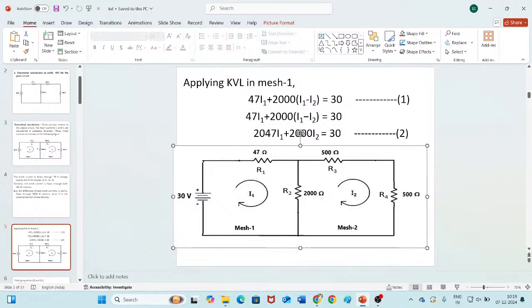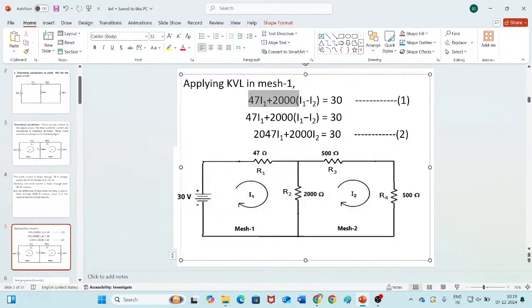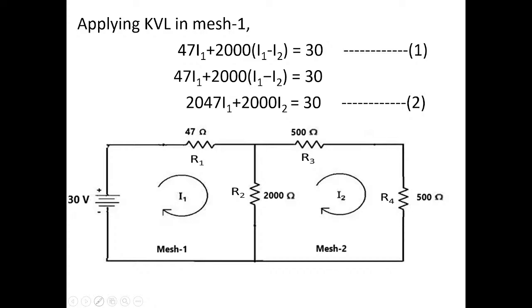Next, what is another element in mesh 1? Another voltage drop will occur across 2000 ohms. So 2000 into, what did I say? I1 current and I2 current are just opposite to each other.